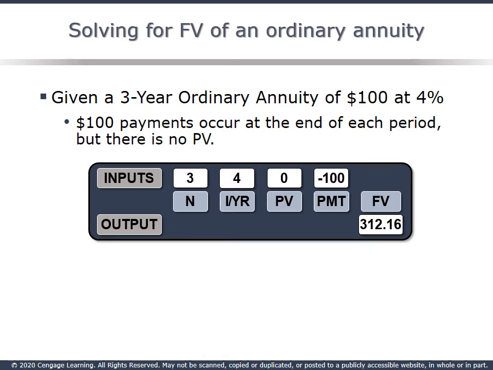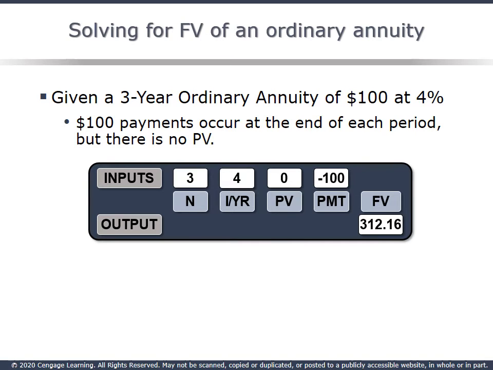So in this case, N is 3, our interest rate is 4. We have no present value, but we do use the payment key because the payment key is reserved for annuities, that series of equal payments. And our payments here are $100 each year. Here, they've changed the sign, assigned a negative sign to the payment, and solved for future value.